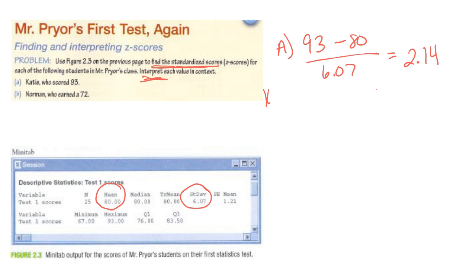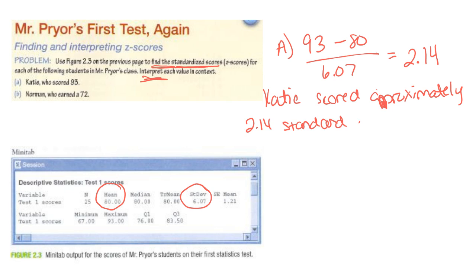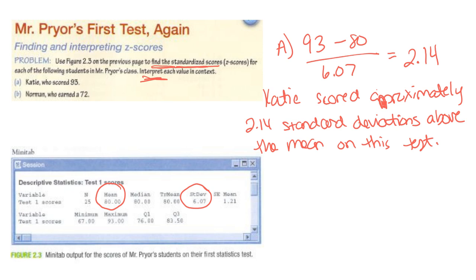So what that would mean is that Katie scored approximately 2.14 standard deviations above the mean on this particular test. Again, making sure we realize it's for this test, not a different test that Mr. Pryor gave or a different test in a whole other class, but on this particular test that they're referring to.